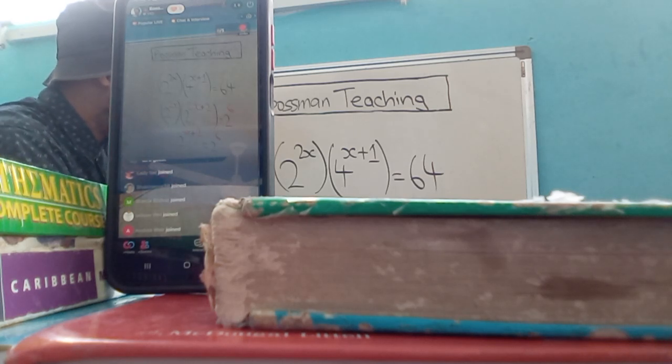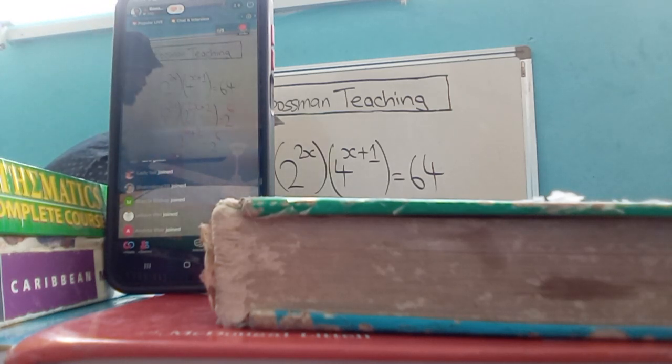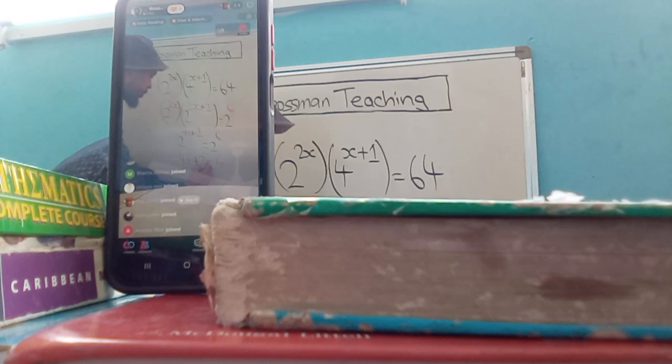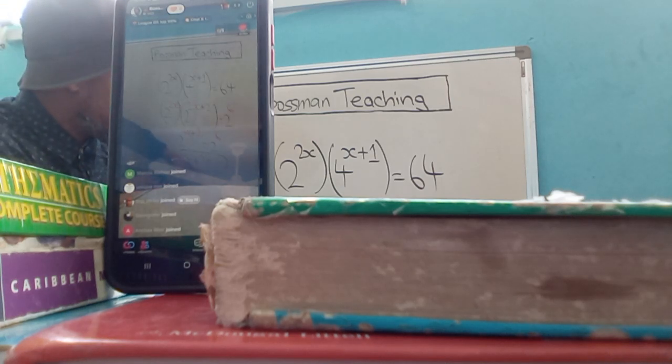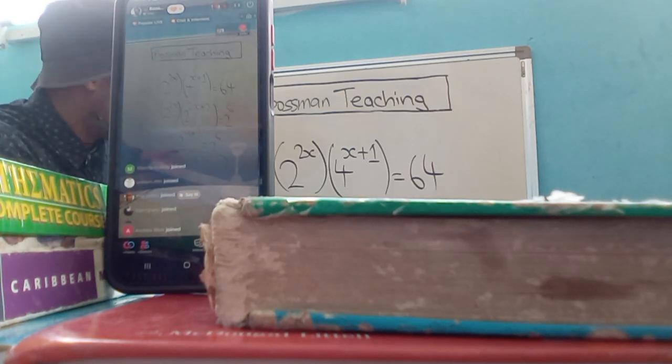Your last thing is 4x plus 2 equals 6. We know what that is, because 4 plus 2 gives 6. So 4x equals 4, and if 4x is equal to 4, divide both sides by 4, x is equal to 1. So therefore, 1 times 4, plus 2, gives 6. x is equal to 1.